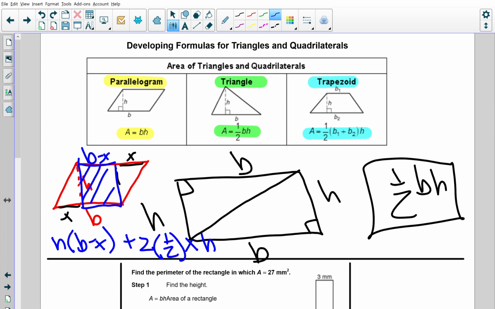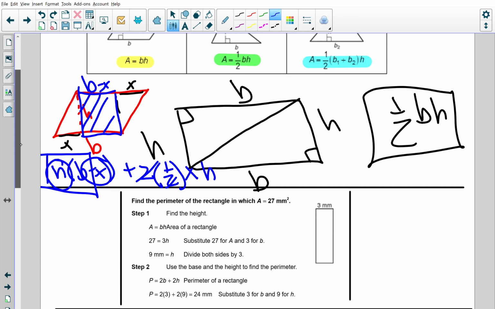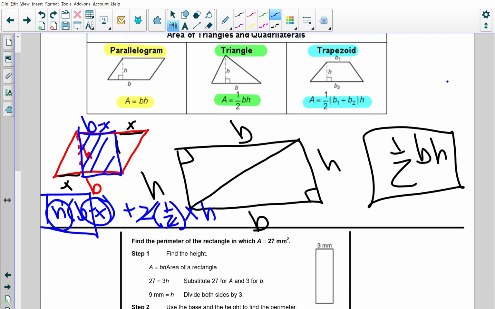What happens? Well, you'll see that that goes away, leaving you with xh, but that negative xh cancels it out, leaving you with base times height. Do it on your own, you'll see what I mean. The trapezoid over here, that's the one you want to remember. The sum of the bases times half the height. That's how I think about it.